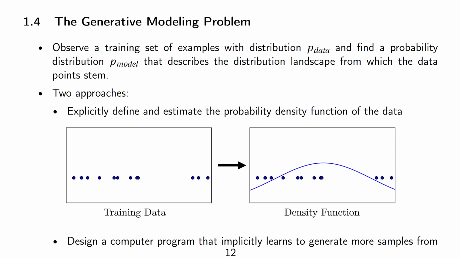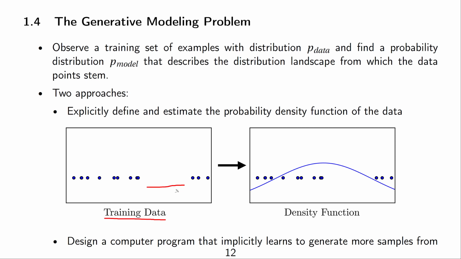Also, reviewing the idea of generative modeling, what we see here on the left is some training data. The training data is just one-dimensional, so we can plot the training data on the real number line, and that's what's depicted in this rectangle to the left.